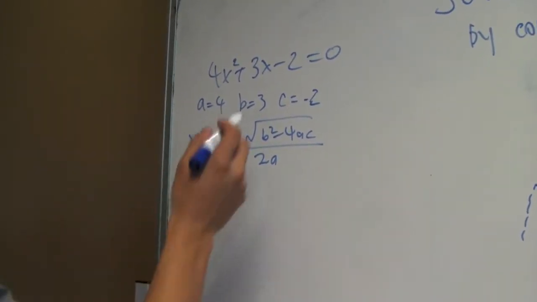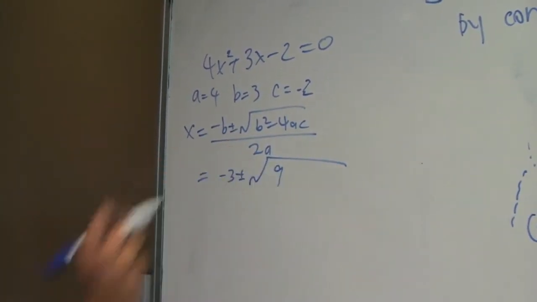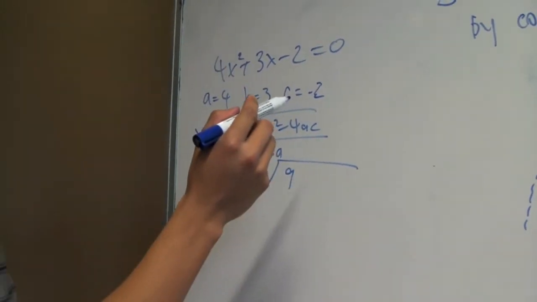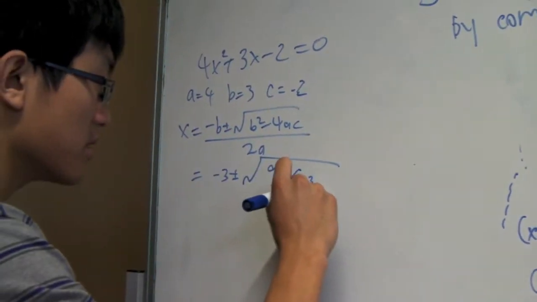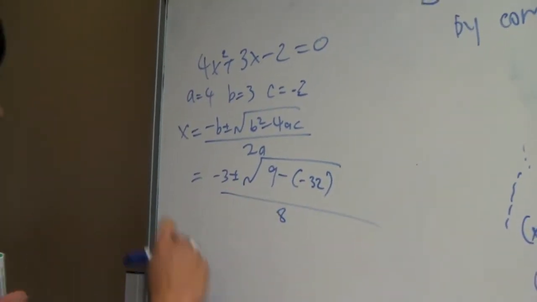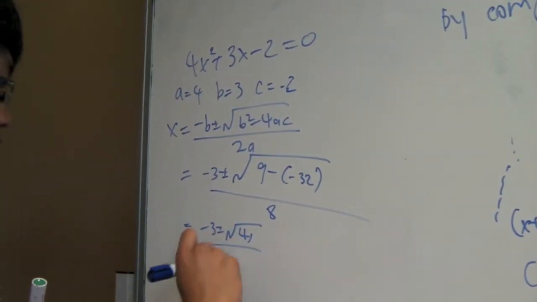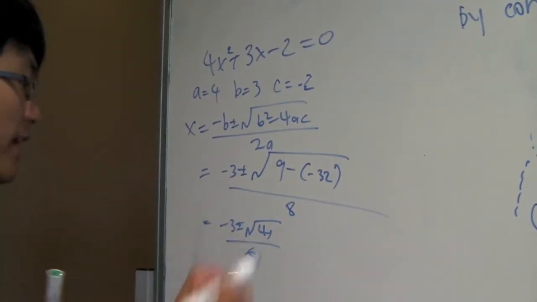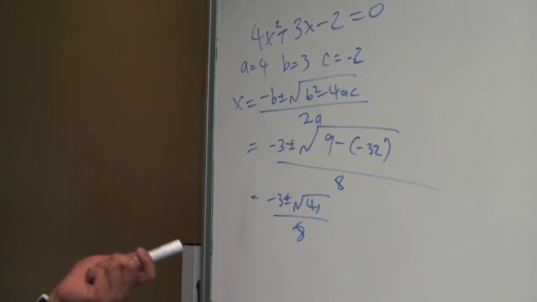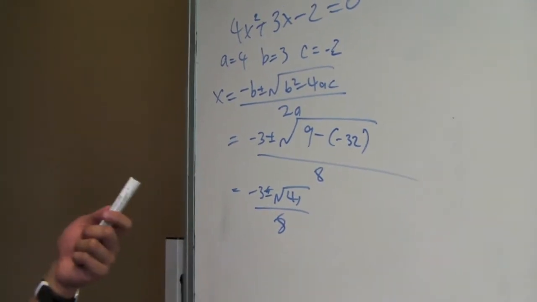And now plus or minus the square root of b squared, which is 9. 4a is 16, so 4ac is minus 32. So we're subtracting minus 32. That's all divided by 2a, which is 8. That is your solution. Essentially one step. If you can remember the quadratic formula, you can solve quadratic equations in one step.